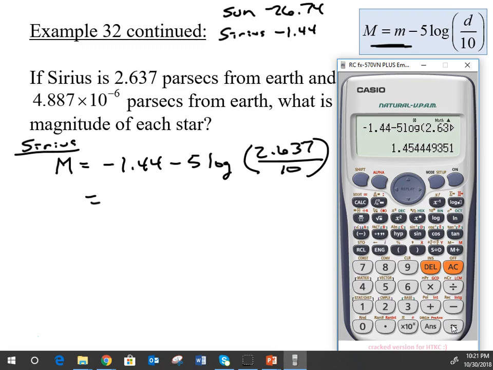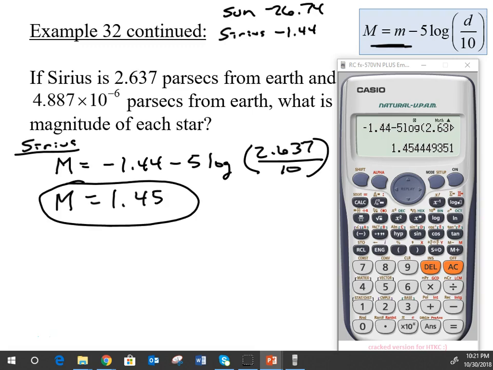Again, I don't really have to know much about that formula. I just have to be able to plug the numbers in where they belong. So it's 1.45. We'll just leave it there because that's how they rounded the apparent magnitude. So we'll say it's got an absolute magnitude of 1.45.